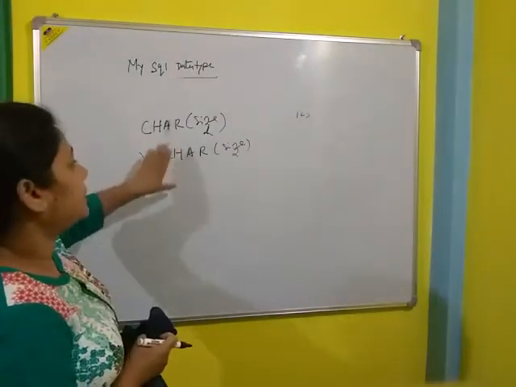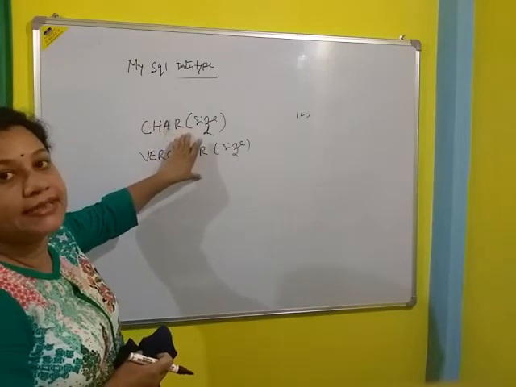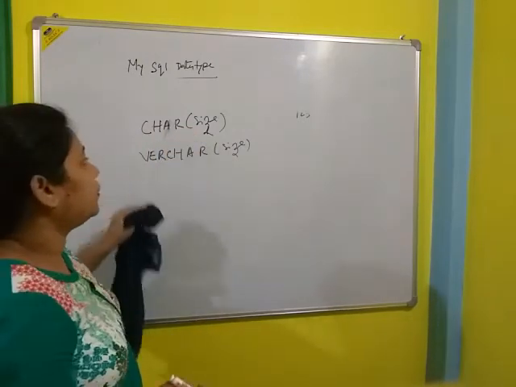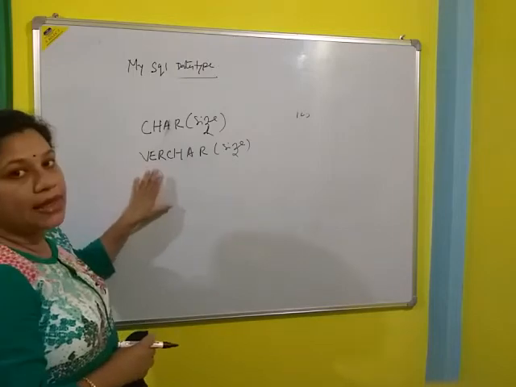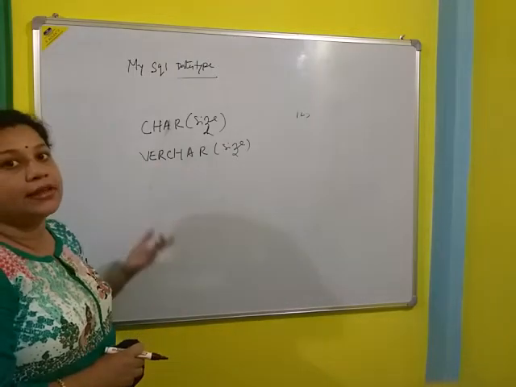These two, character and varchar, are used for text data types. I am going to discuss these two data types whenever we create the table.